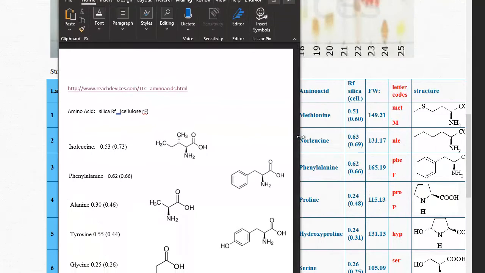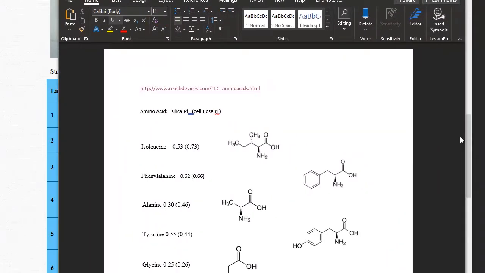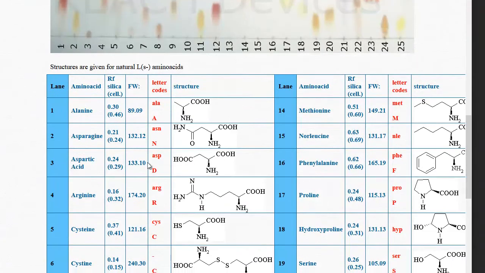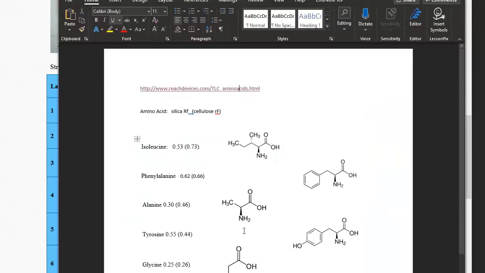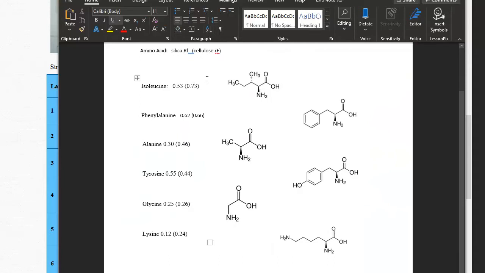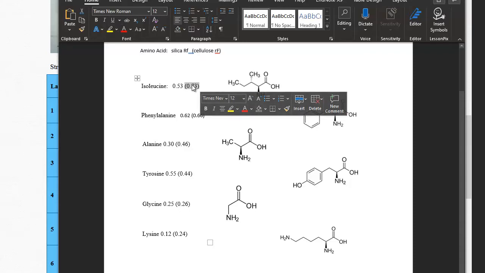So I've actually combined this into a Word document, and I'll post this and make it available for you as an experiment. But I have the amino acids as well as the expected RF values for the cellulose plate. The expected RF values for the cellulose plate are always in brackets here.